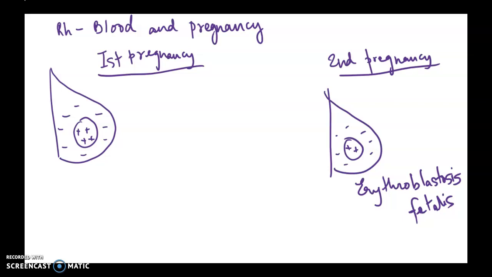Now we know that during fetal development, the antibodies from the mom can cross the placenta and reach the fetus, right? However, at the time of birth, there can be a little mixture of the mom's blood with the child's blood. So that's a problem.